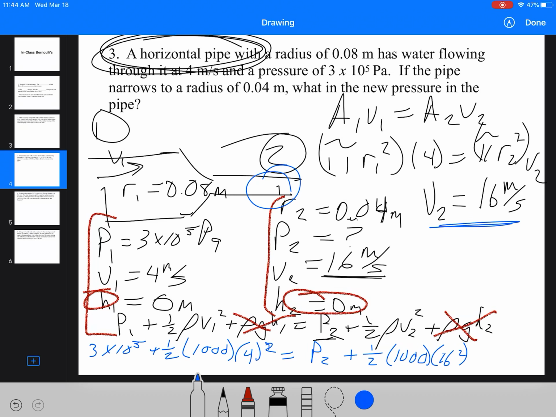So if we take 3 times 10 to the 5th and we add it to 1/2 times 1,000, we say, well, we take 300,000 plus 1/2 times 1,000 times 4 squared.